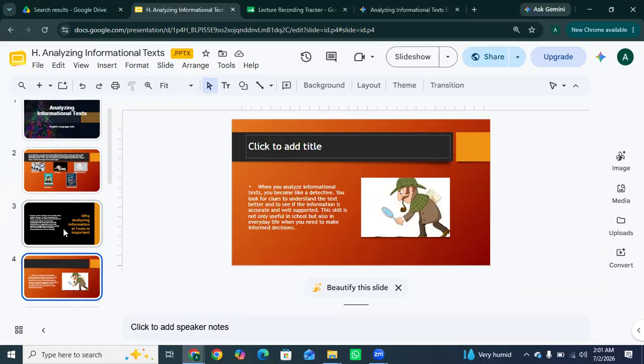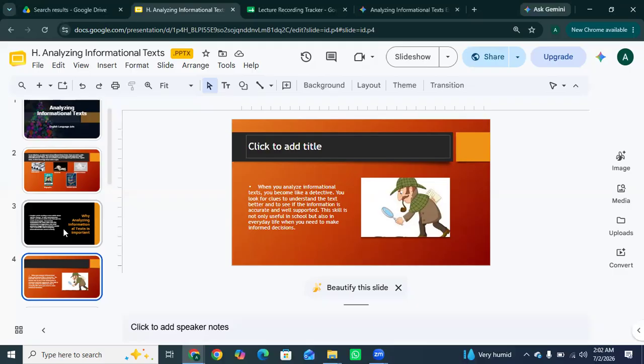You look for clues to understand the text better and to see if the information is accurate and well supported. This skill is not only useful in school but also in everyday life when you need to make informed decisions.